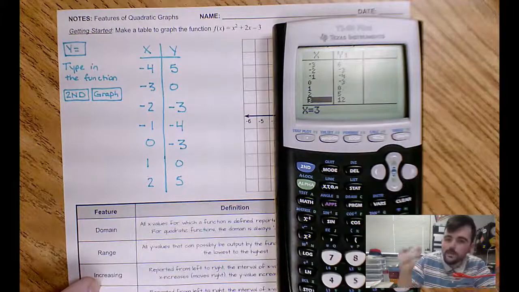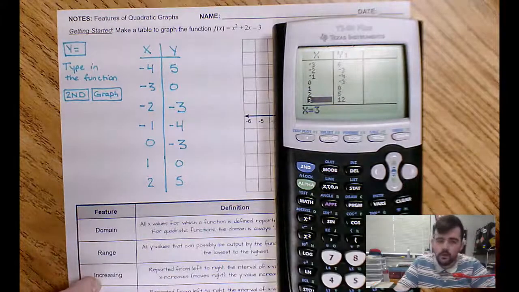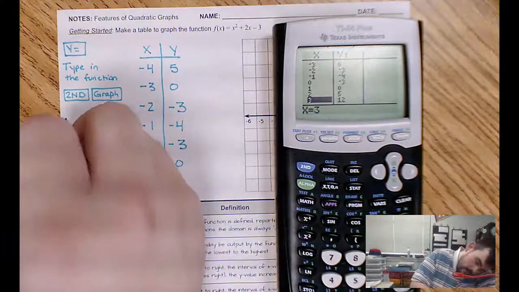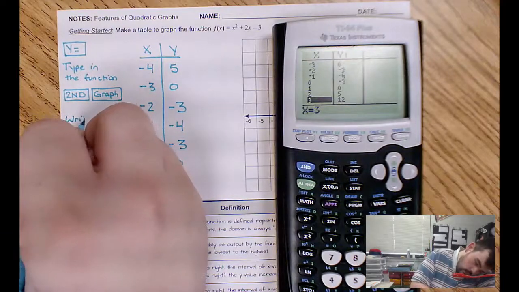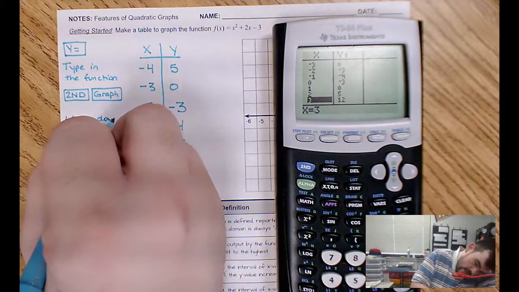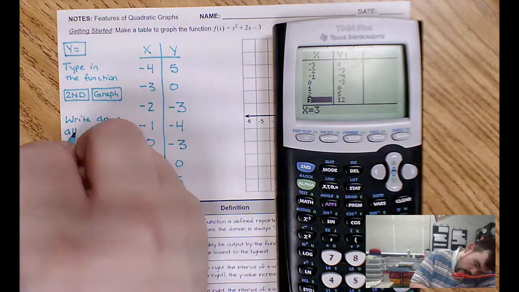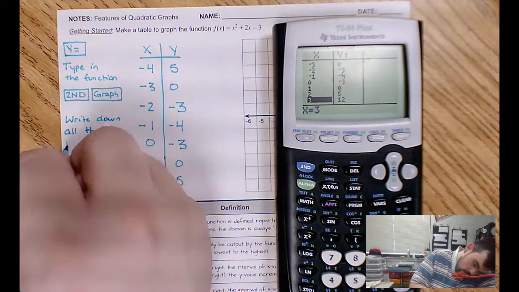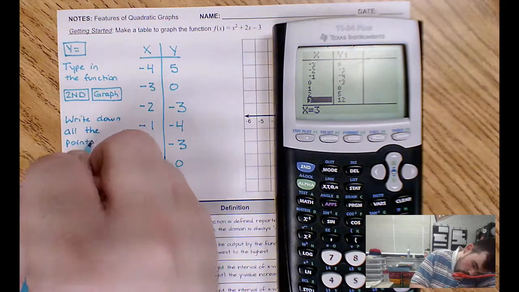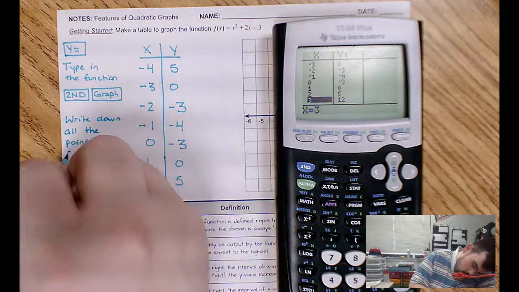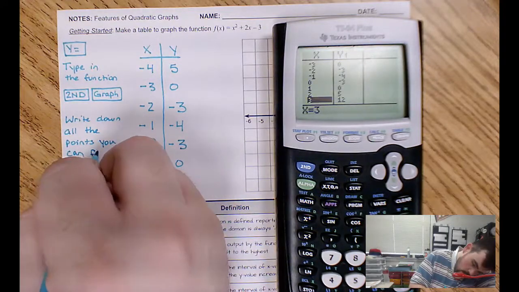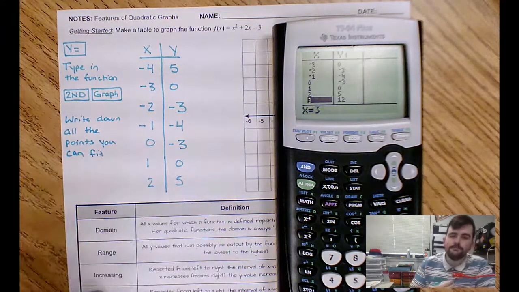And then, 3, 12, I can't fit it. Okay, so write down all the points you can fit on your graph.